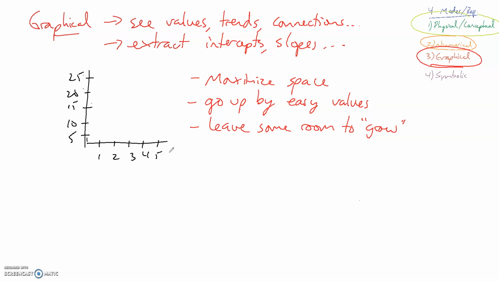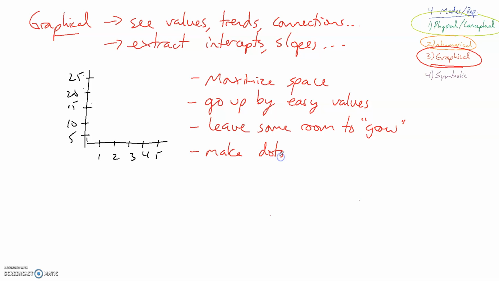It's nice to have a little bit of room to actually make the graph a little bit bigger if you want to. So go up by easy values, but give yourself a little space. Not too much space where it's going to squish your graph being really, really small. You want to maximize that space as best you can, but also leave a little bit of room to make it work well.